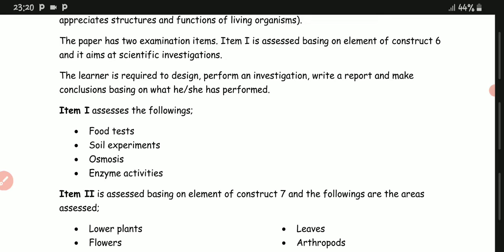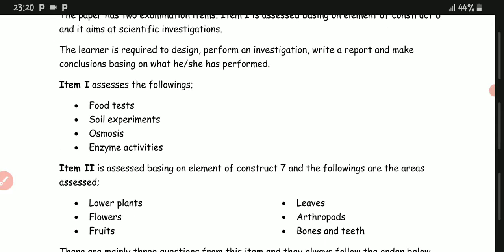Before I give you a clue on how you can write your report, allow me to talk about the topics or areas they assess here. In item 1, all the topics they ask are taught in senior 2. For example, food tests, which are taught in senior 2. That's one area.